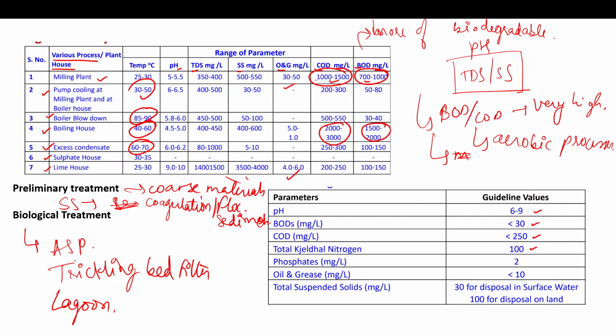These are the major treatment units. At the end, this should be the parameters of the treated water, as per the CPCB norms guideline.